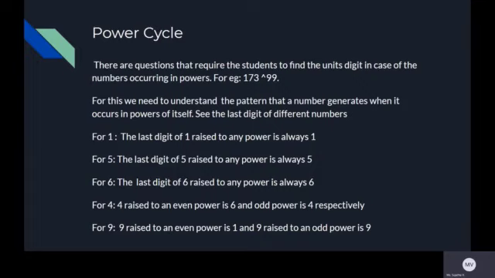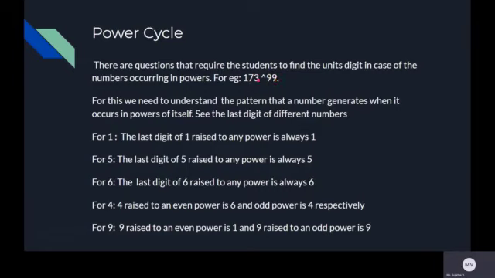So we cannot do it manually and find it. But one thing we can understand here is we need to find only the last digit, right? Here, 173 raised to 99. In this question, we need to find only the units place digit of the final answer.